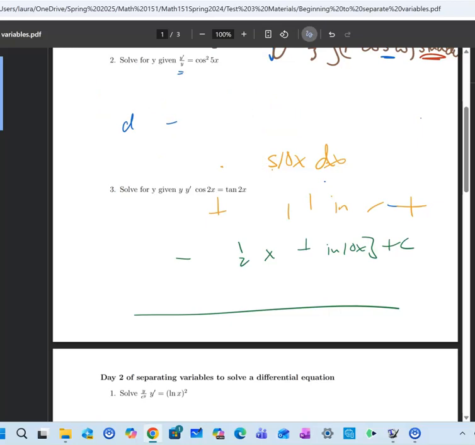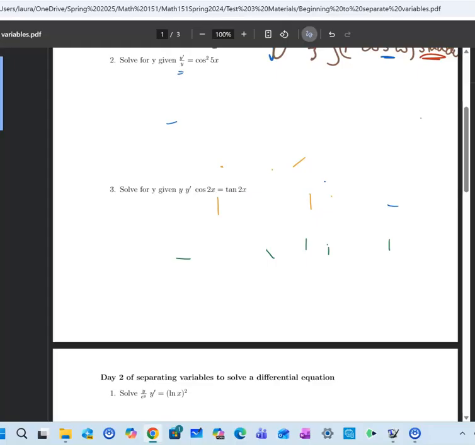Then we can integrate each with x's and dx's and y's and dy's. All right. Make it clean enough so you can read. Okay, here we go. So I'm going to rewrite this. So I get y times dy over dx.